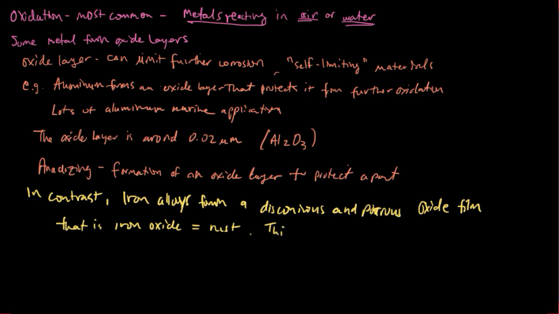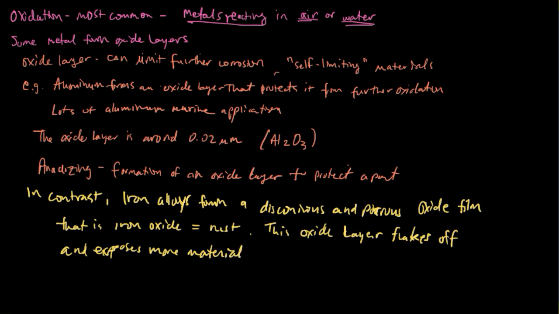This oxide layer flakes off and exposes more material, which repeats the process of rusting.